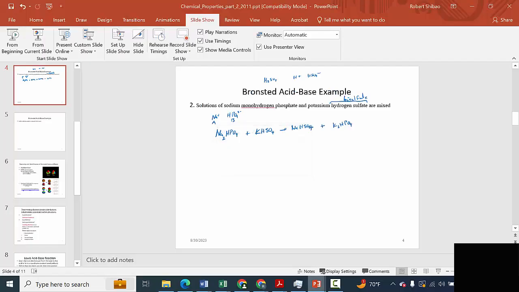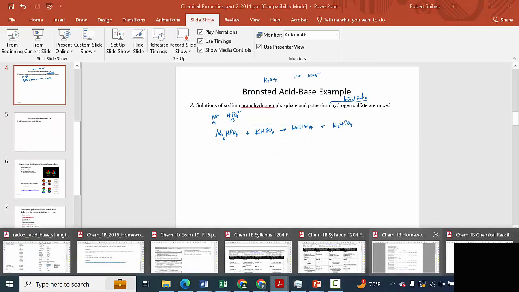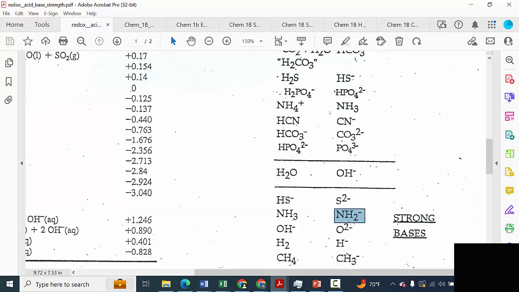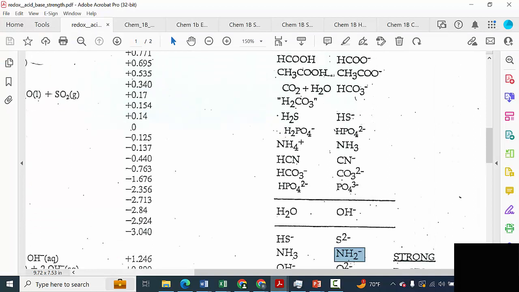Let's take a look at the acid chart here. And so when we look at monohydrogen phosphate, we see it here, on the left, with the acids. Acid, and it's stronger than water, but weaker than, what do you call this?